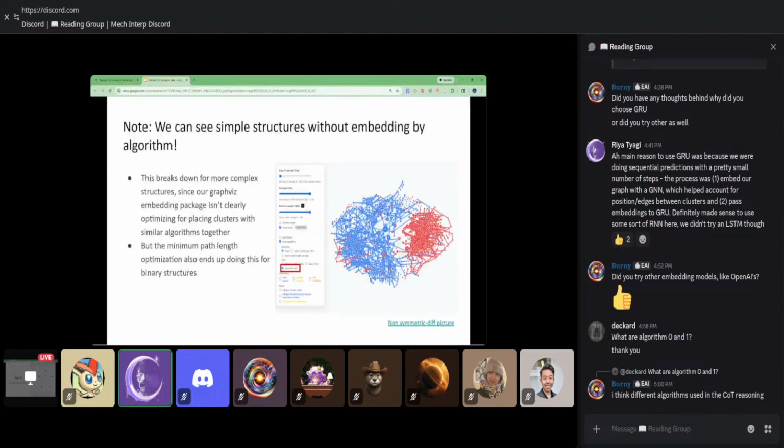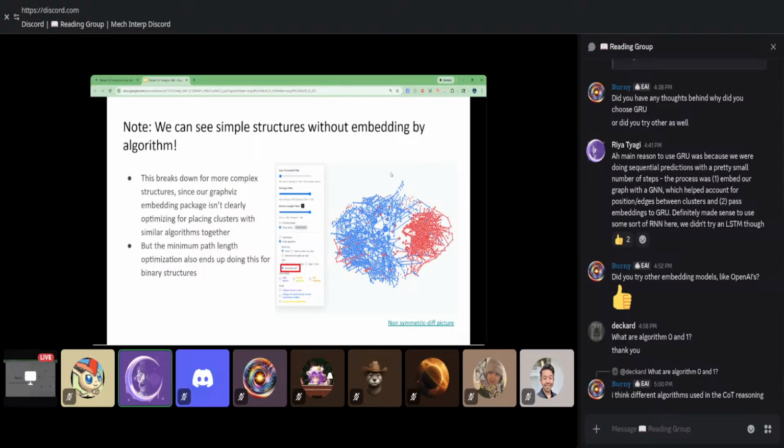So one goal of algorithm clustering that I mentioned is to find the structure, quote unquote, find the pattern, reveal the particular thing in common across lots of rollouts. We can do this pretty poorly using our semantic graphs too. Here's a semantic graph for the hex question, and when we color by algorithm 0 versus algorithm 1, we do see a separation in the graph.